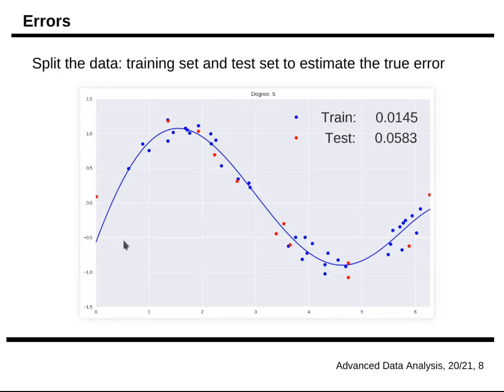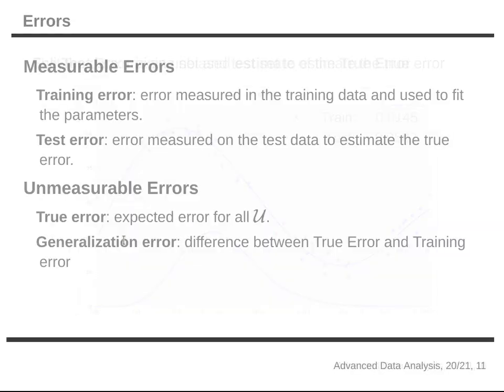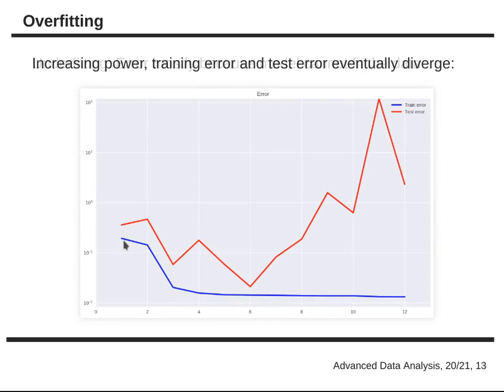And I am plotting the training error in blue for different degrees of the polynomial. So this would be degree 1, a straight line, degree 2, 3, 4, 5, and so on. As I increase the degree of the polynomial, the curve can fit better and better to the points, and so the training error decreases.